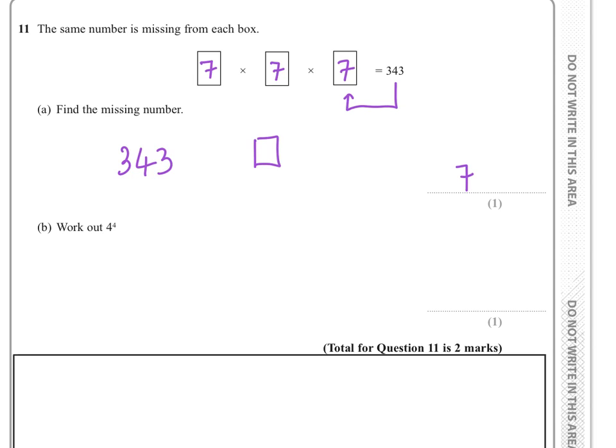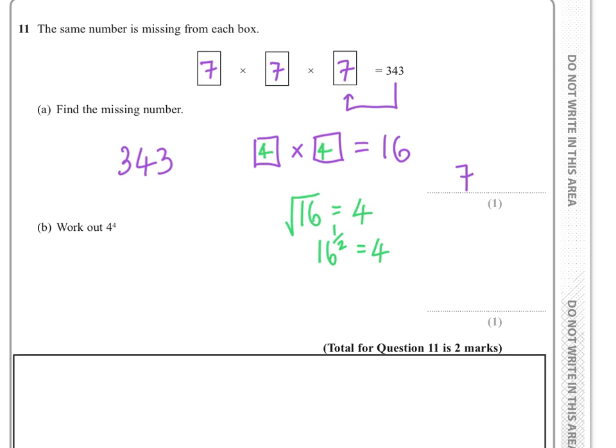Well, here's an idea. If you had a box times another box and the answer was 16, you would probably know that the answer was 4. And you may understand that to get the answer 4, you can do the square root of 16 to give you 4. Or alternatively, 16 to the power a half equals 4.